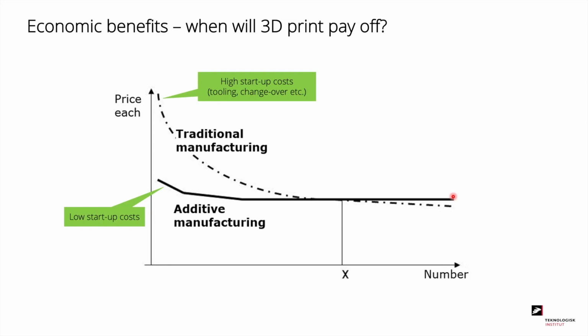For the traditional manufacturing you have to depreciate the high initial cost over the number you produce. And then at a number of X you have break even, meaning that with a number lower than X, you would probably choose additive manufacturing, while for a number higher than X, you would choose traditional manufacturing.